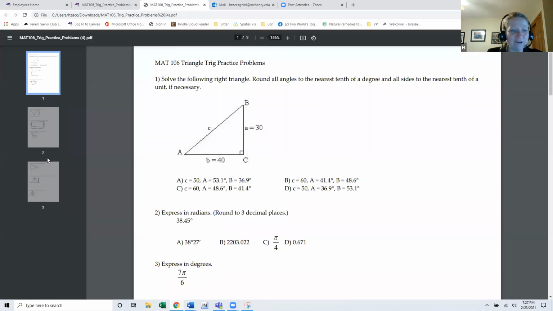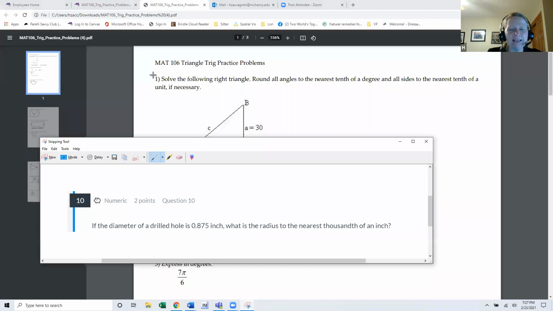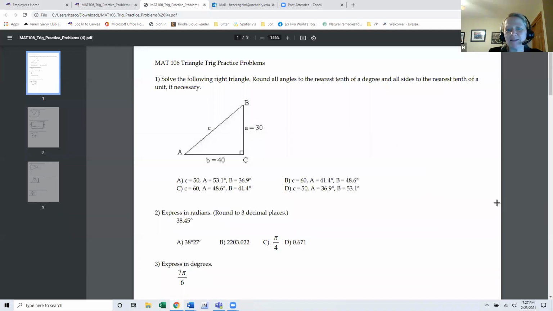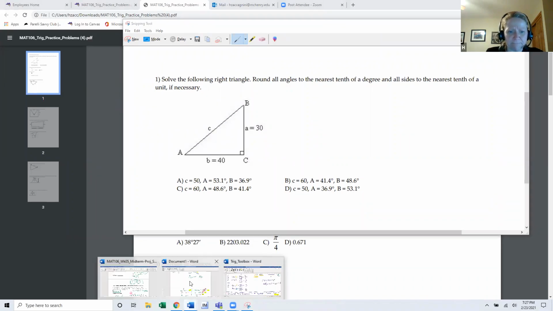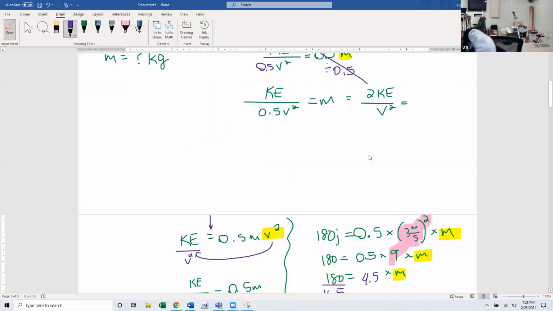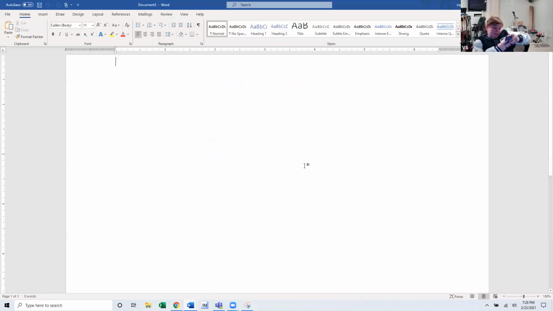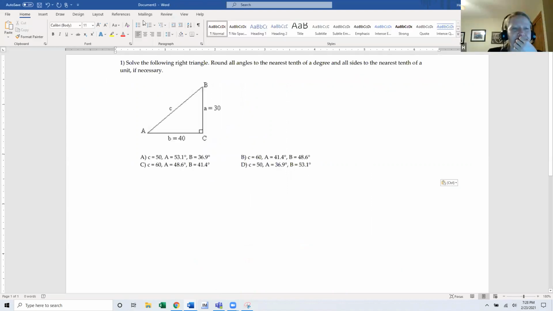All right, so let's try problem number 1 here. I'm going to snip this thing so that I can draw on it. This is from the practice problems. Okay.